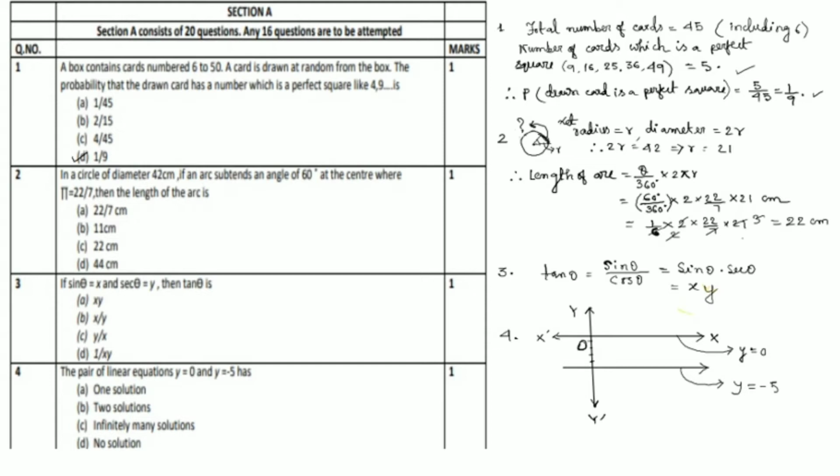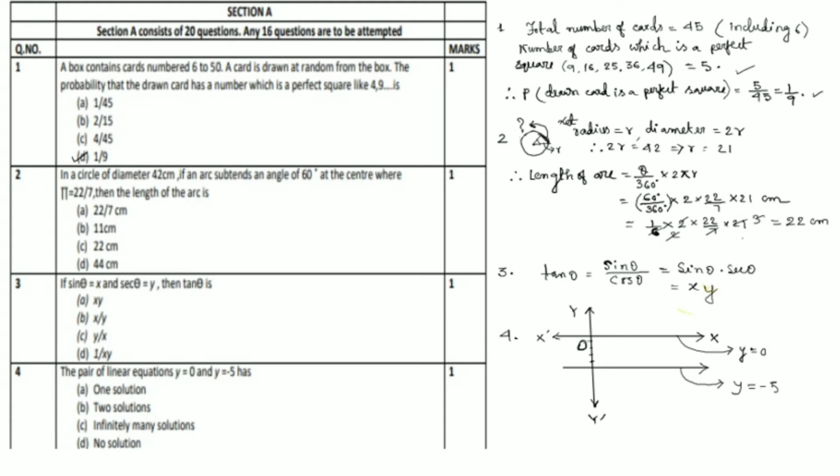in a circle of diameter 42 cm, if an arc subtends an angle of 60 degrees at the center, where pi is equal to 22 by 7, then the length of the arc is what? Here you see a picture of a circle. Here let us suppose the radius of the circle is equal to r, whereas the diameter will be 2r. Okay, now we have to find out the arc, this arc.